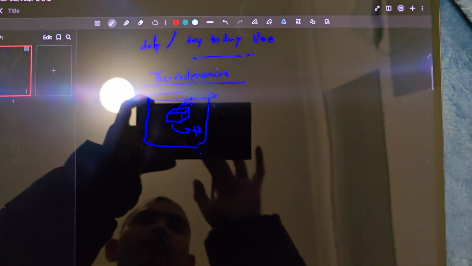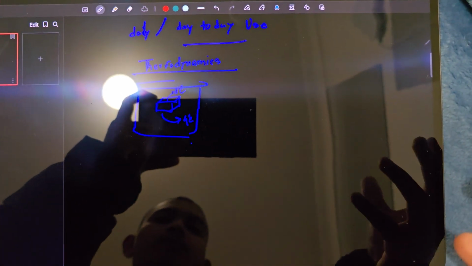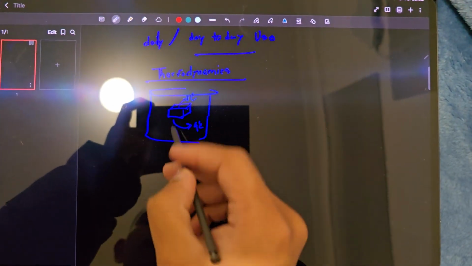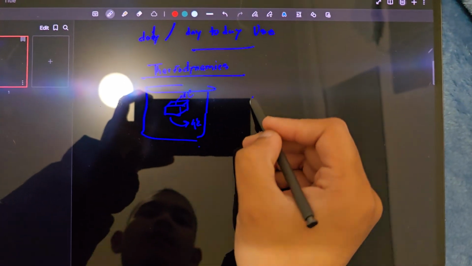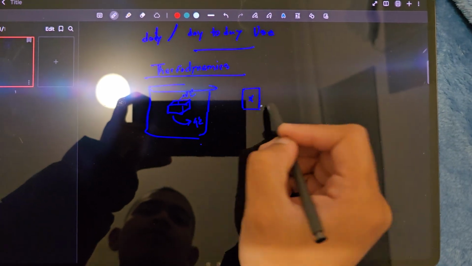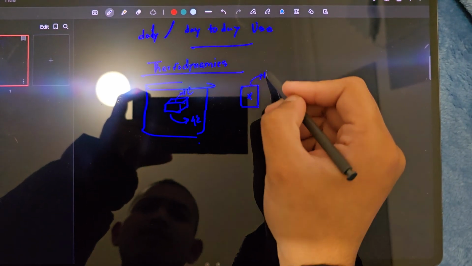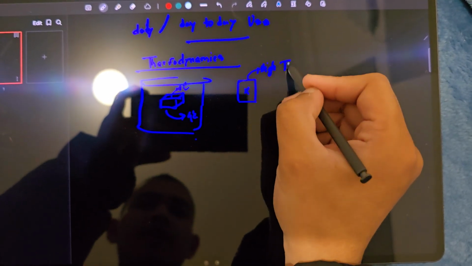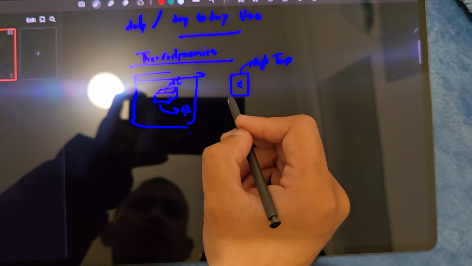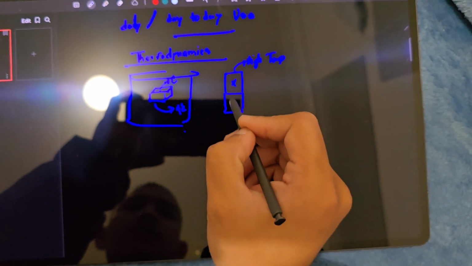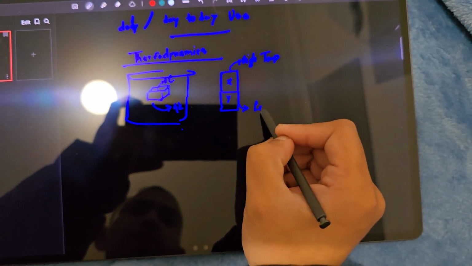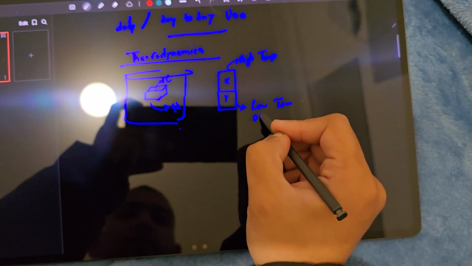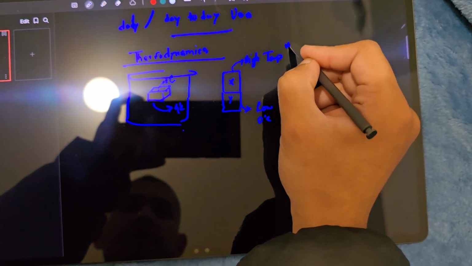So what does it mean? All the particles come to the same exact temperature if they're together. Say X material, which is pretty hot, at high temperature, is kept with Y material, which is at low temperature, like say 0 degrees Celsius, and this is 10 degrees Celsius.